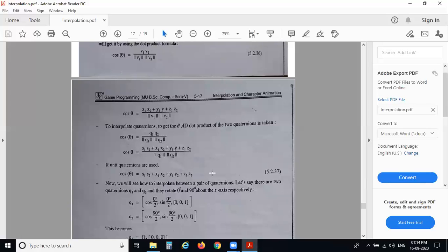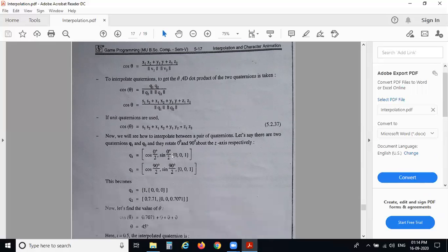Okay, so when we interpolate between a pair of quaternions, suppose there are two quaternions q1 and q2 and they rotate about angles 0 degree and 90 degree about the z axis, then the quaternions are q1 equal to cos 0 degree divided by 2, sin 0 degree divided by 2, 0, 0, 1.